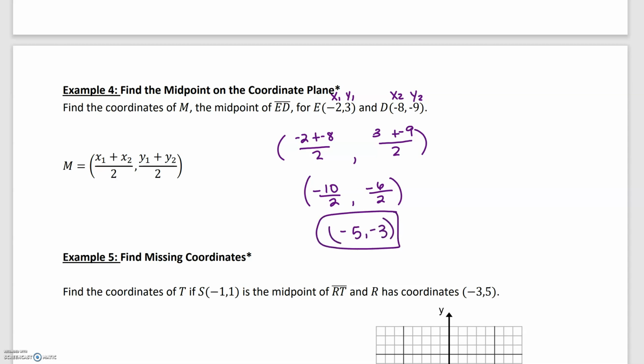Hopefully you got -5, -3 for your coordinate there.